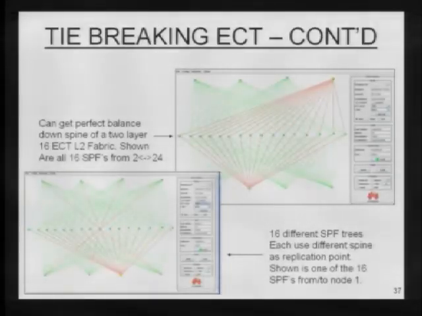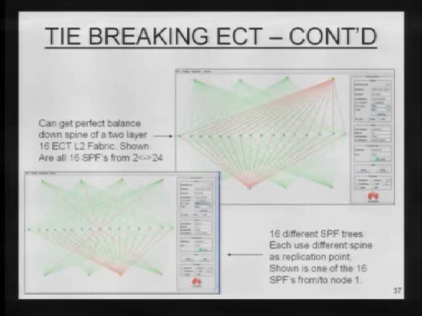And here's an example of how that behavior works in something fairly real. This is that 16 by 32 fabric that I was talking about. So 16 spine nodes and then 32 aggregation nodes connected off there. And so you can actually have all 16 of the uplinks available, usable.